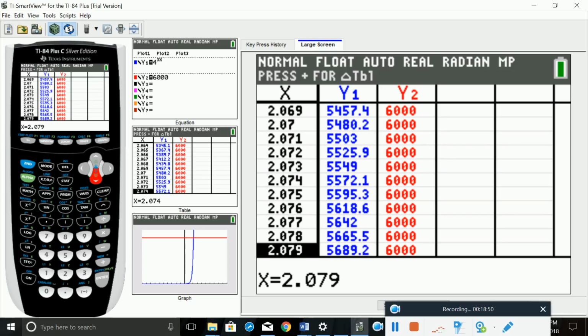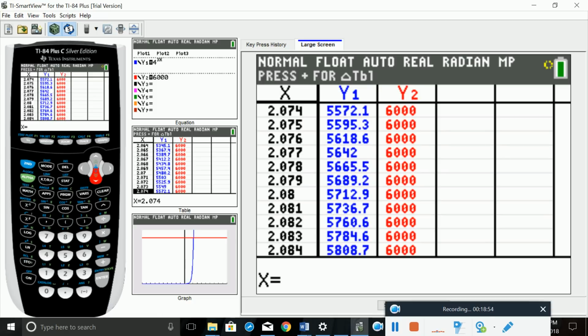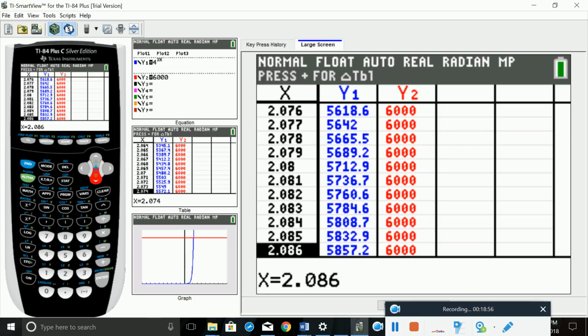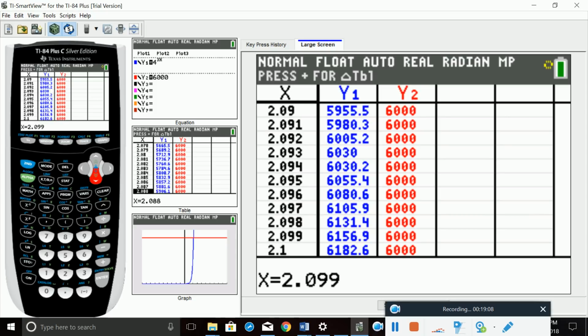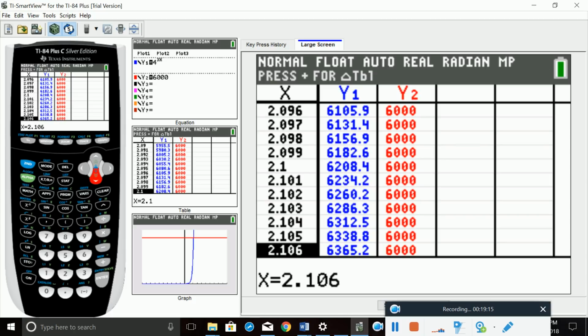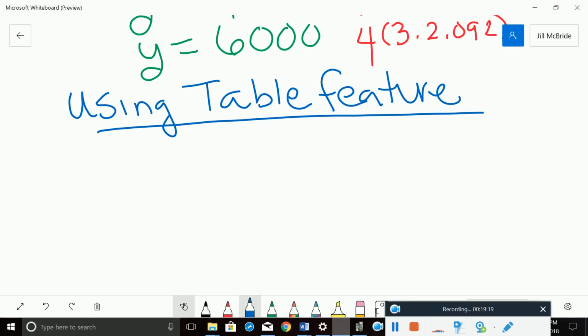What was our answer? 2.096. I probably should have started my table with something other than 2. There we go, we're there. Okay, so now you can kind of see, uh-oh, I did pass it. I hit the button too many times and I passed it. Okay, but you get the feel of that.